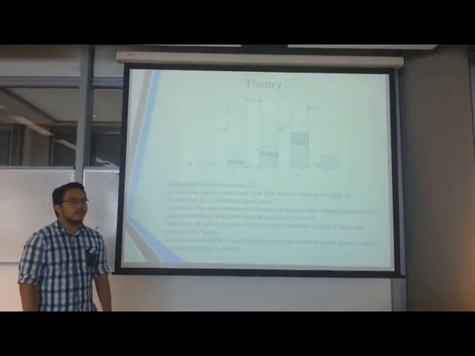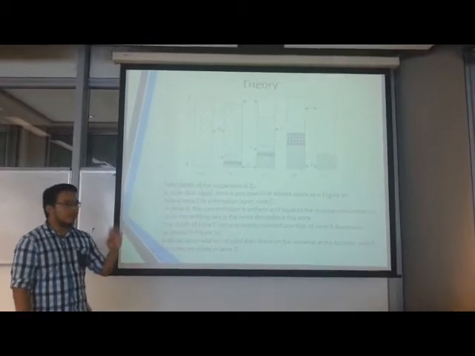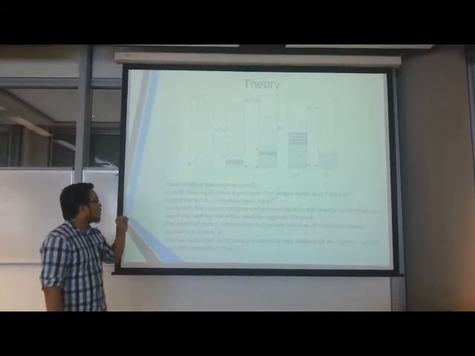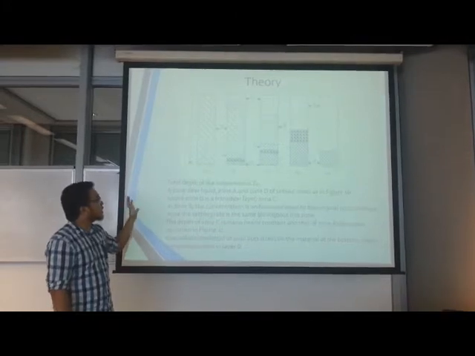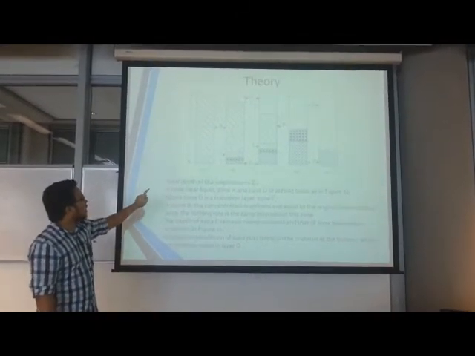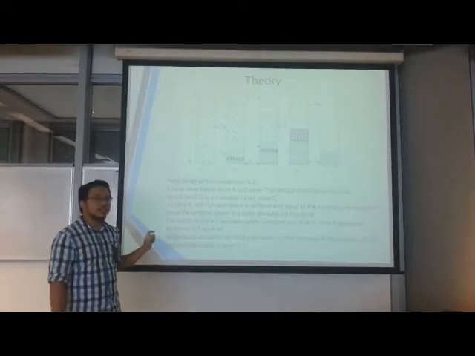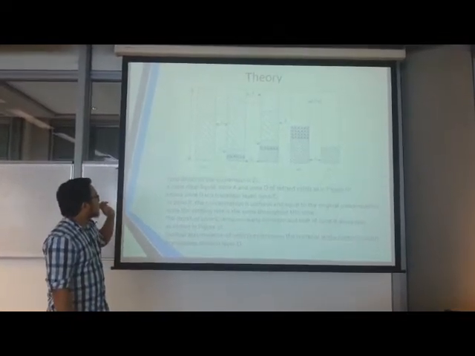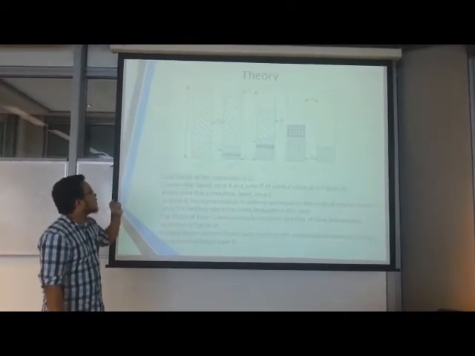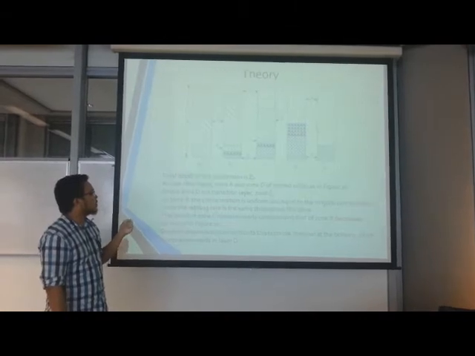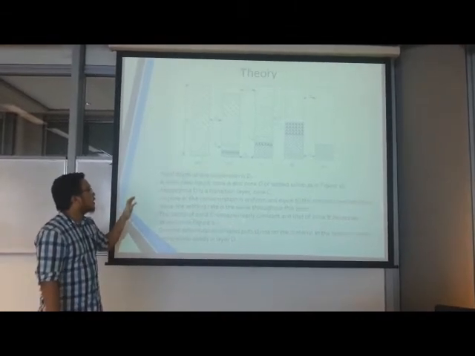So, in the theory part, what we hope to find in our experiment, as you can see in figure 1A, the total depth of the suspension is Z0. A zone of clear liquid, which is zone A, as you can see in part 1B, and zone D of settled solids can be seen.